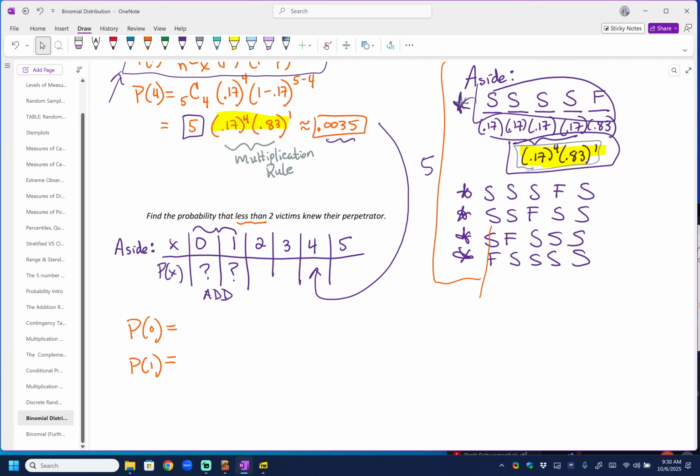Okay, so quickly, we would have 5c0, 0.17 to the 0, 1 minus 0.17 to the 5 minus 0. Here we would have 5c1, 0.17 to the 1, 1 minus 0.17 to the 5 minus 1. For really quick calculations here, since that part should be the easier part for you, you would get these as your probabilities.